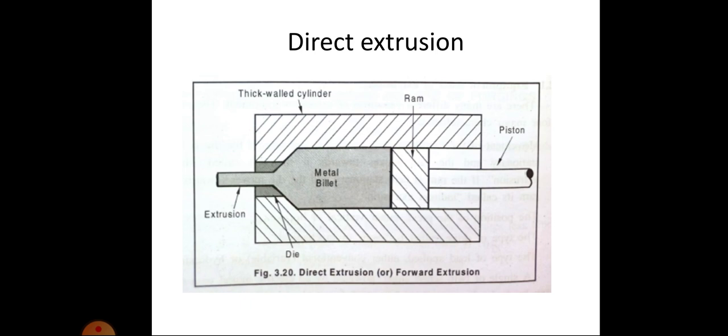With application of ram pressure, the metal first plastically fills the cylinder shape and it is then forced out through the die opening until a small amount remains in the container. That is, the metal will be extruded in the same direction as the ram movement.